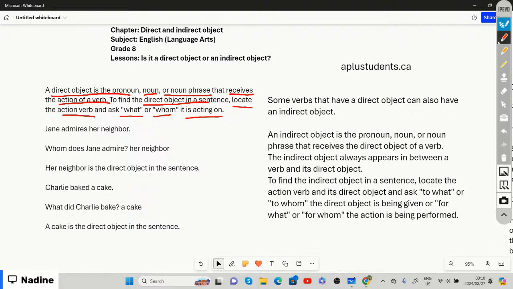Now if we ask ourselves, whom does Jane admire? Because admire is our verb. Then we can say Jane admires her neighbor. So her neighbor is our direct object within the sentence.